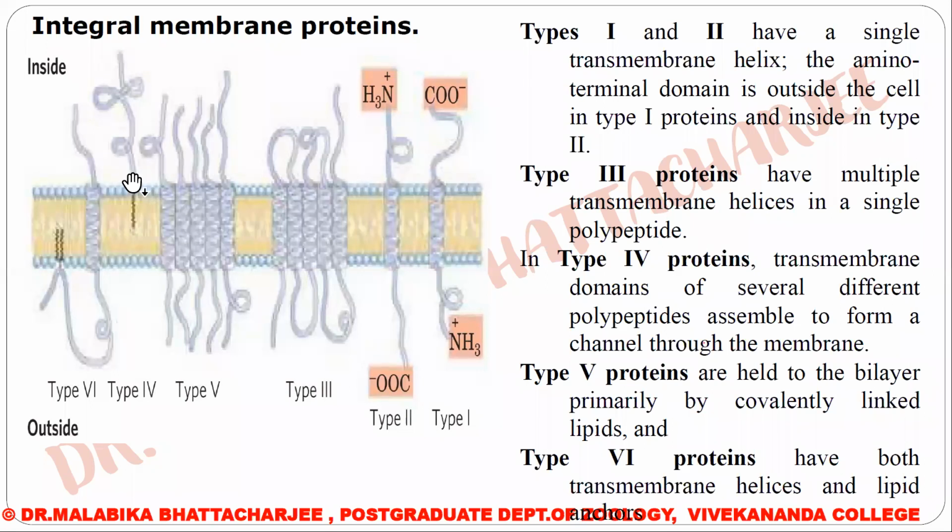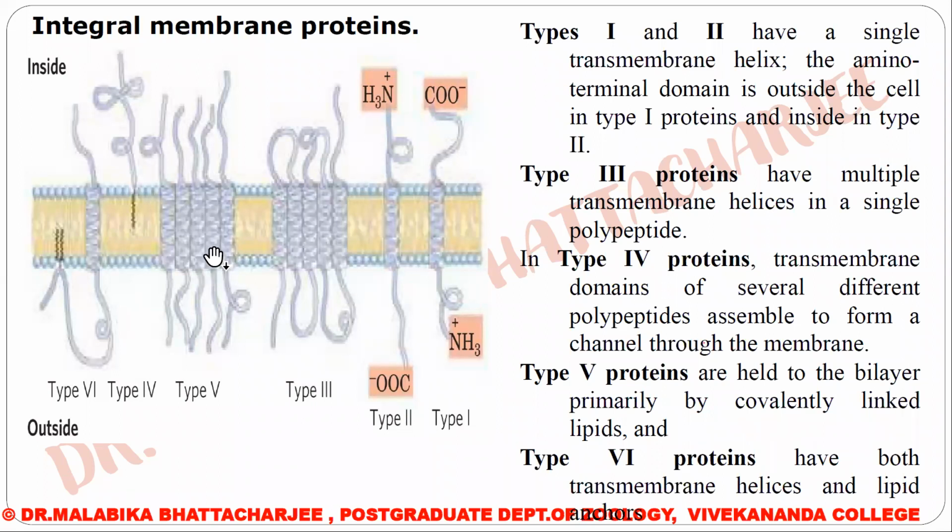I think the write up here is wrong. When I talk about type 5, the picture is not matching, the naming of the picture here is wrong. This is type 4. As I was talking about, transmembrane domains of several proteins assembled to form a channel through the membrane.